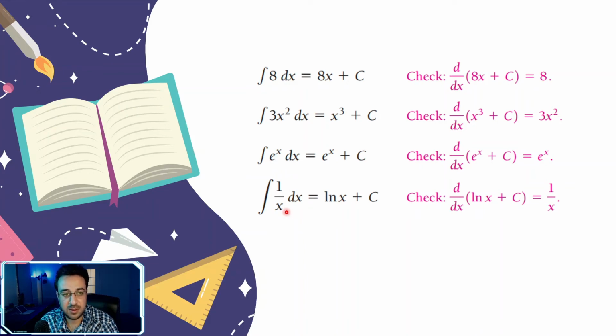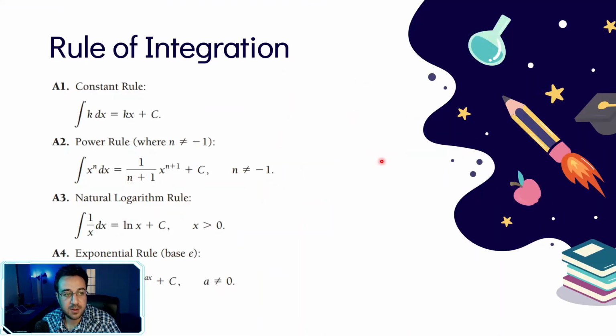If you integrate this function in a certain way, you can use this generalized form in order to get the right answer. So the rules of integration: the integration of a constant dx will give you the constant multiplied by x plus the integration constant c.